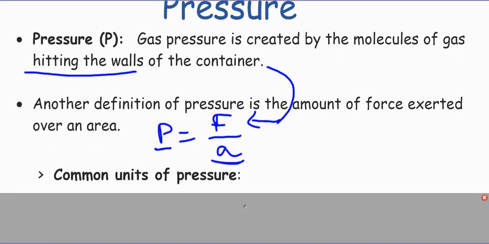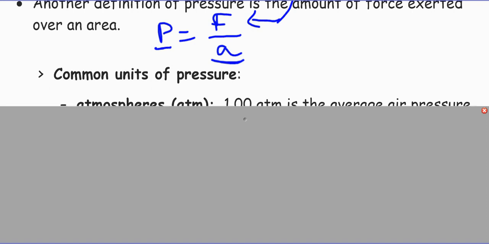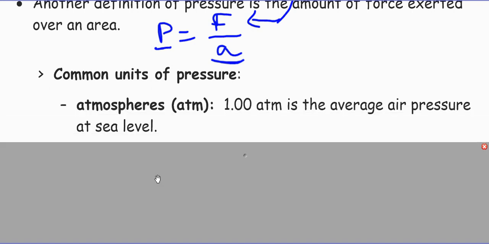Now, pressure has a lot of historical units, and you just have to learn them because they all get used in different contexts. There are even more than this, but these are the big ones. If we're going to standardize pressure, we look at what normal Earth's atmospheric pressure is.